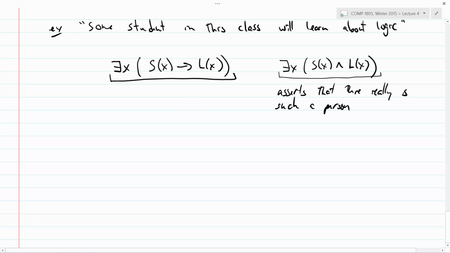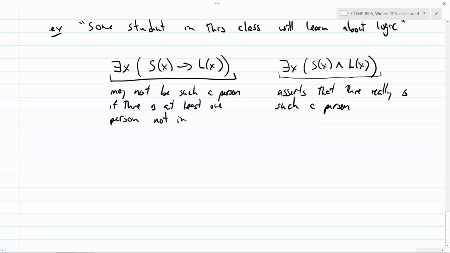But this sentence on the left, there might not be such a person if there's at least one person who's not in this class. Okay, so these two examples are very important. All right.